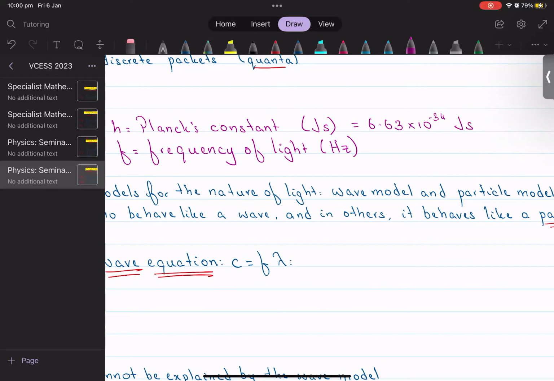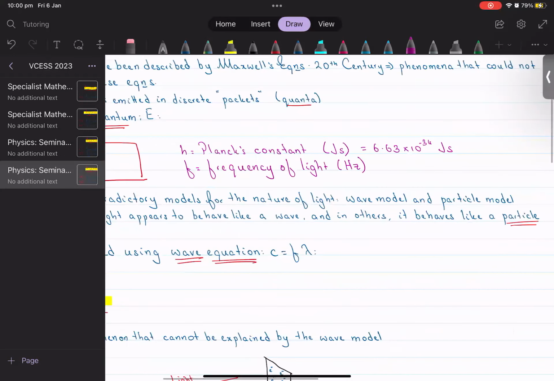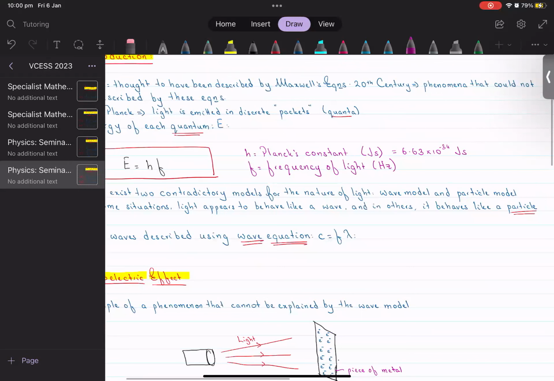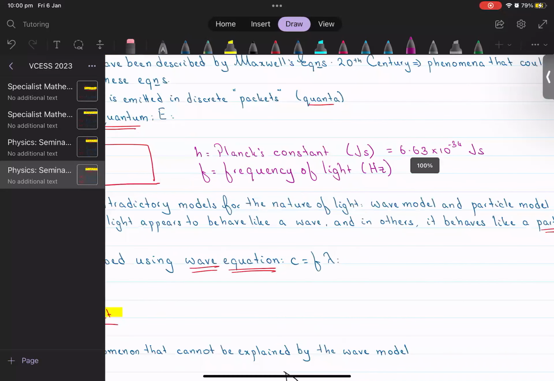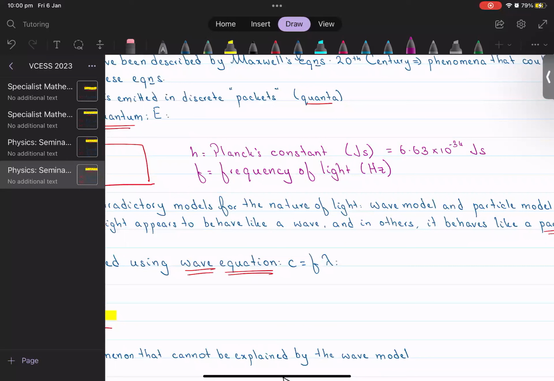Generally, in VCAA exams, this will probably be the smallest number you will see. So that's another way of checking your answers in exams. If you get an answer that's smaller than 6.63 by 10 to the minus 34, most of the time you will need to go back and check that you haven't done anything wrong.